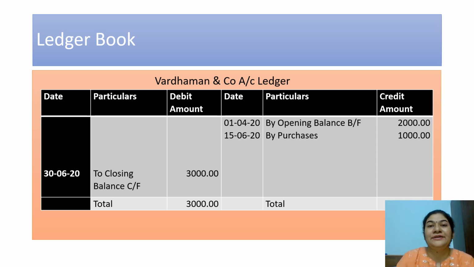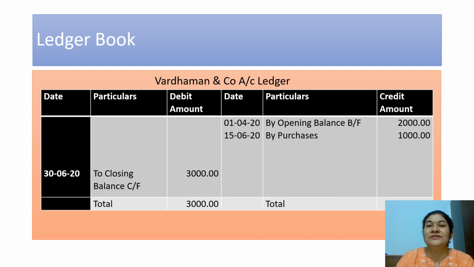On the credit side, you see the date is 1st of April 2020, as the year of accounts for bookkeeping starts from 1st of April and ends on 31st of March in the next year. This is my vendor account, from which I purchase goods or material. I am doing transactions with this company for years together.